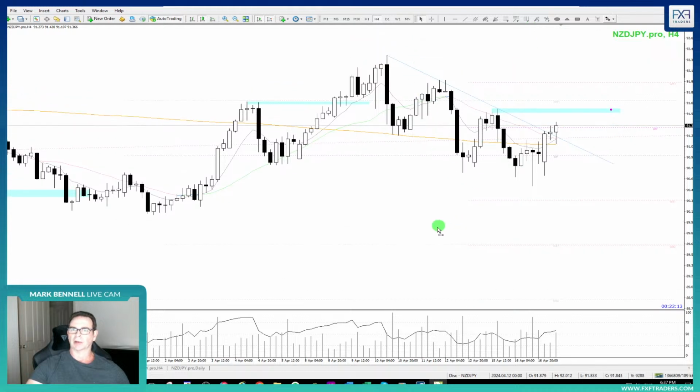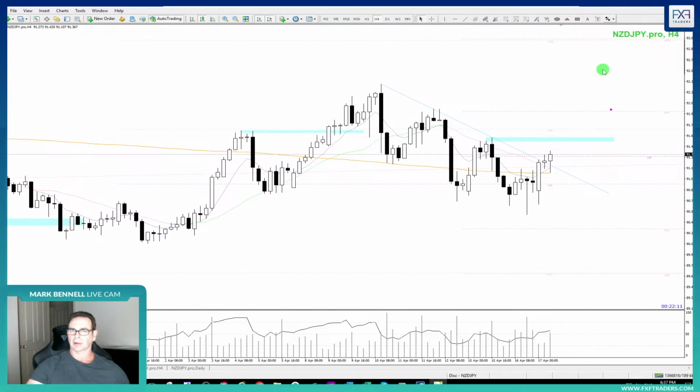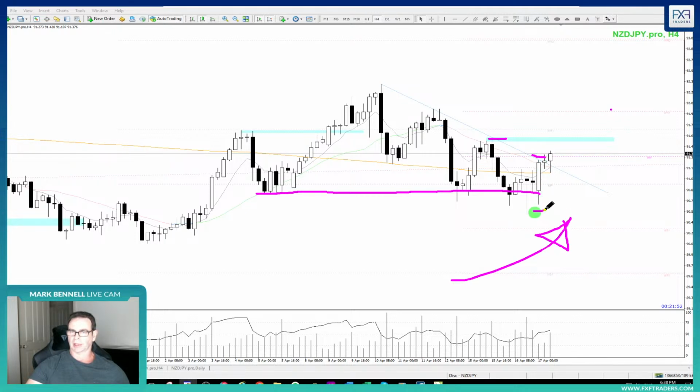And then we've got the pullback on the 4 hour. And there's the anchor. Okay, the anchor is actually back there. So the 4 hour and the daily is the same. So there it is there. So we're actually still uptrending. So nice outside bar here. Follow through. Yeah, we can get something in there. That would be okay.